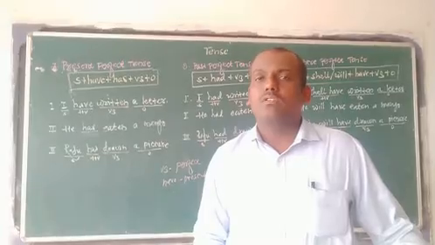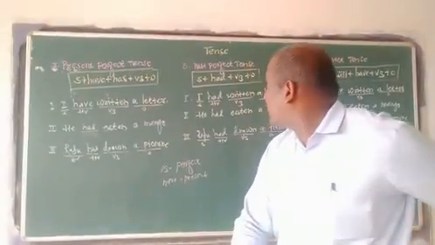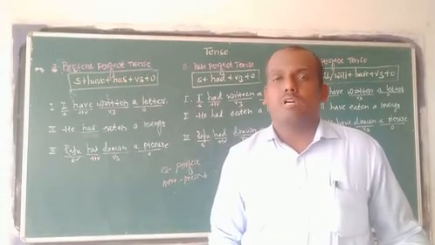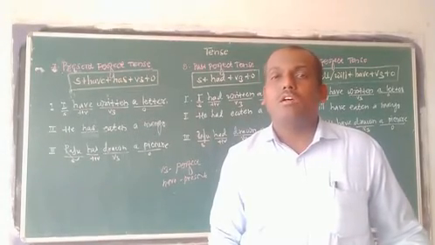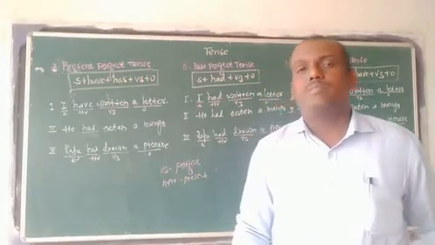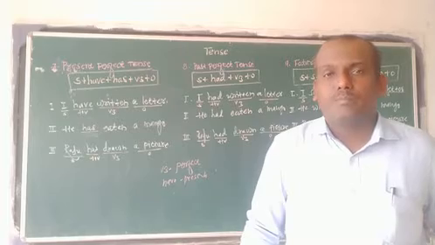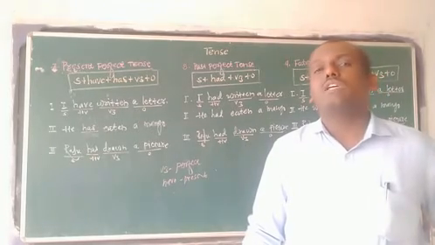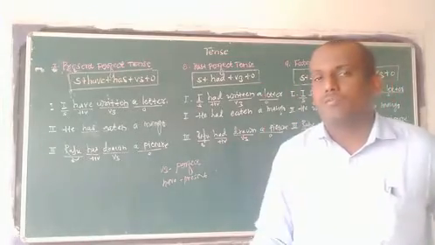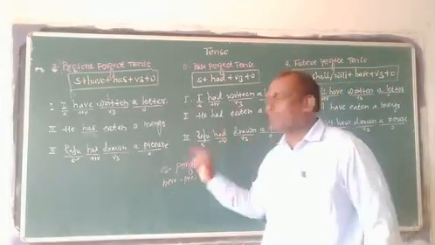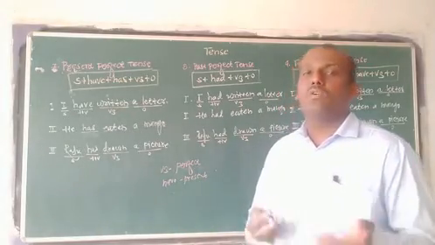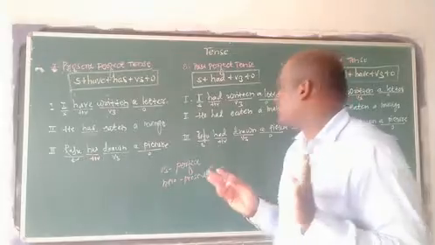But in past perfect there is no change at all in the helping verb. If we change the pronoun, we have to change helping verbs in other tenses, but for past perfect tense it is not required. The helping verb stays the same. So: I had written a letter, he had eaten a mango, Raju had drawn a picture. Very simple.